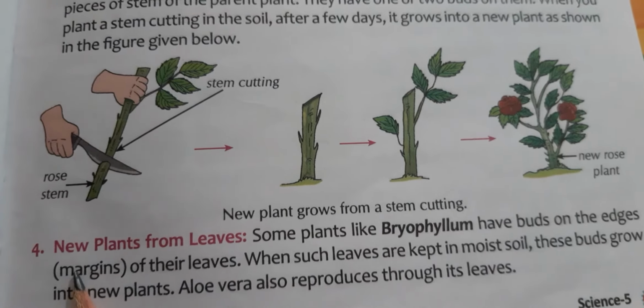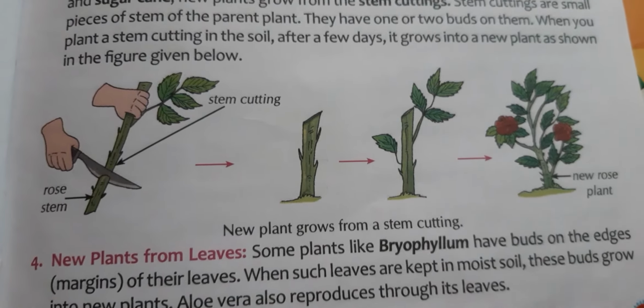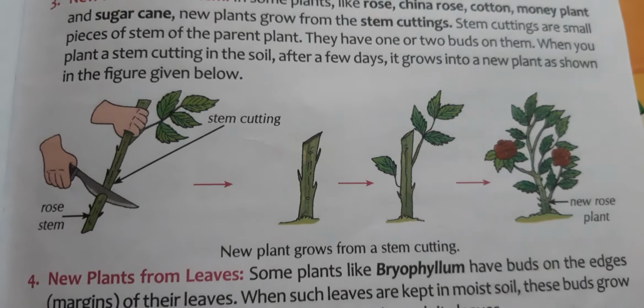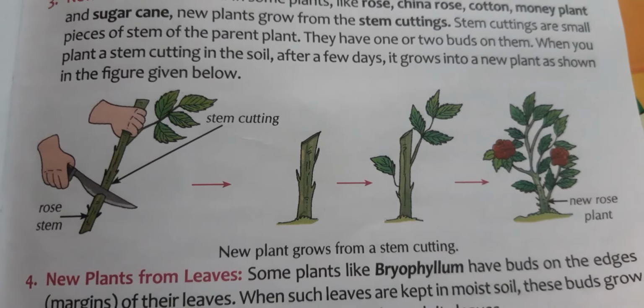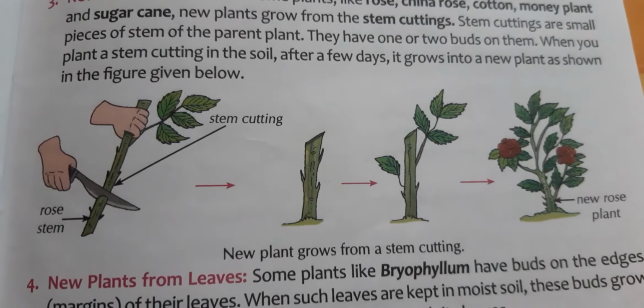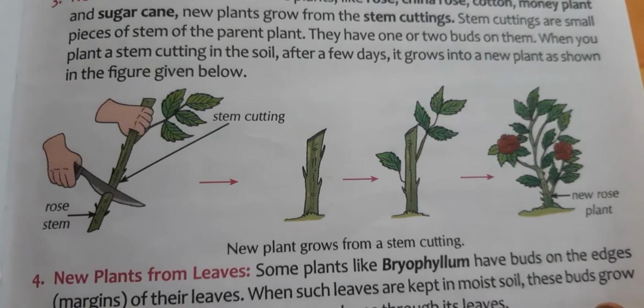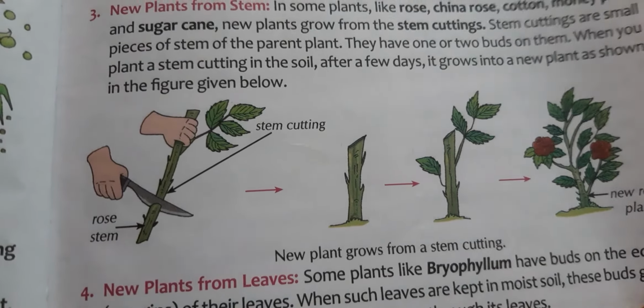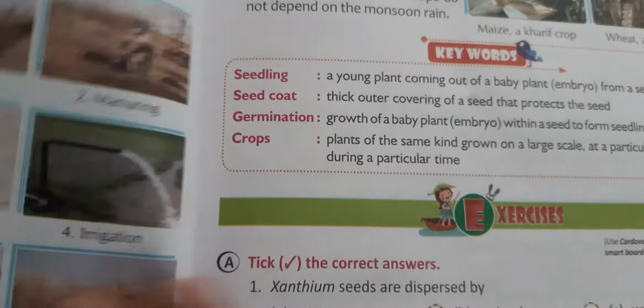Now next we come to new plants from leaves. Bryophyllum plant is an example. Buds grow at the edges of the leaf, and these buds are capable of growing into new plants.